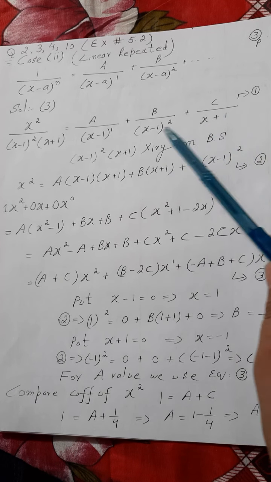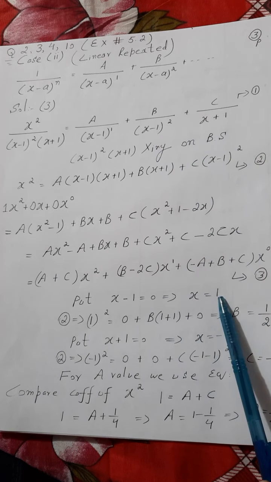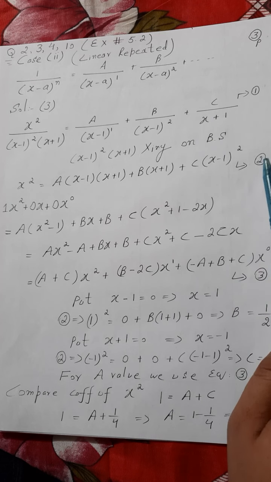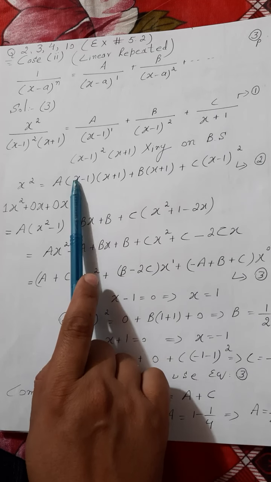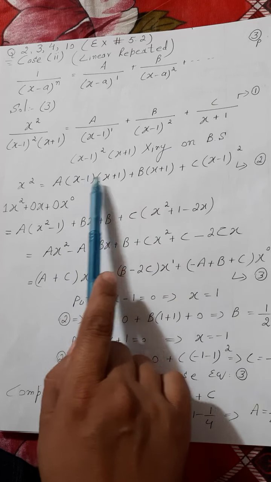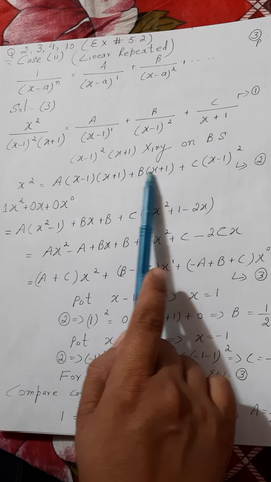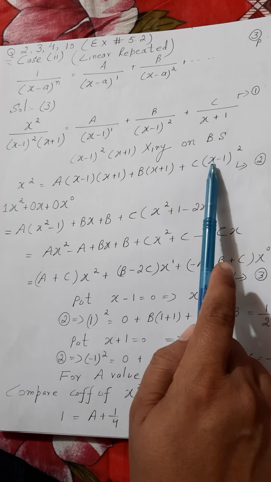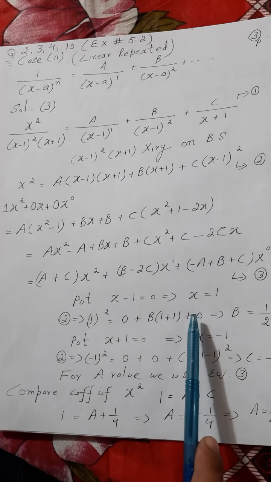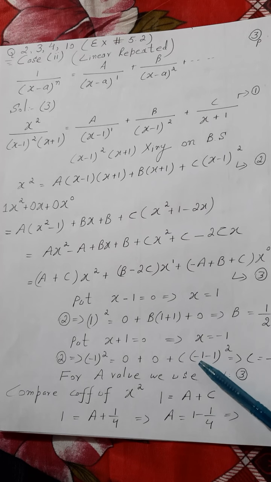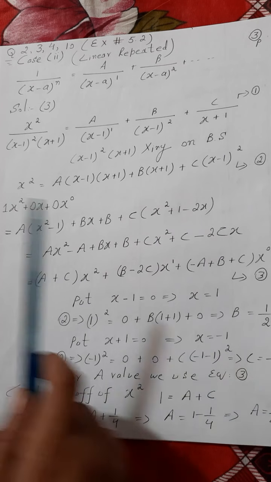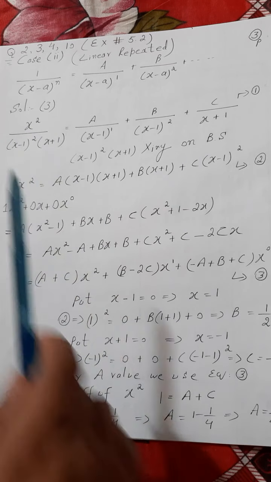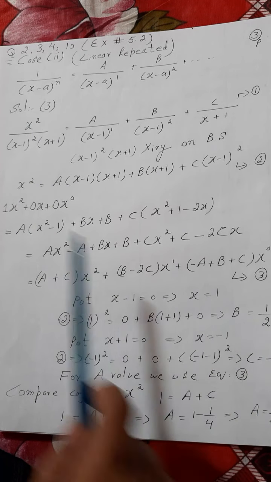So in this case put x minus 1 is equal to 0, so x is 1. Put in equation number 2, so put x as 1, so 1 minus 1, this thing is 0. Only this one gives the value, so x is put in this case, and we have the value of c. And similarly x square is also replaced by 1.